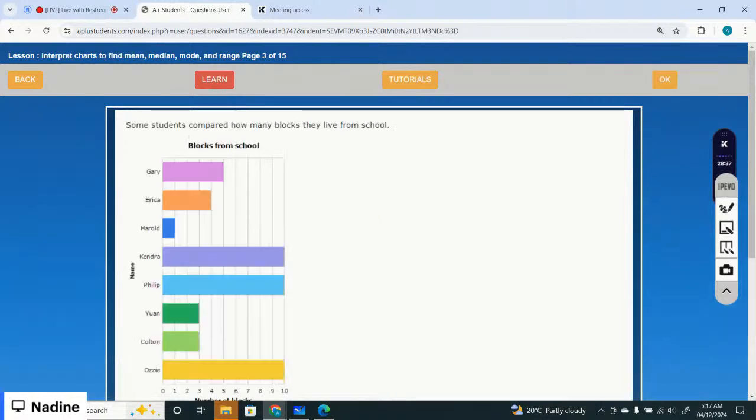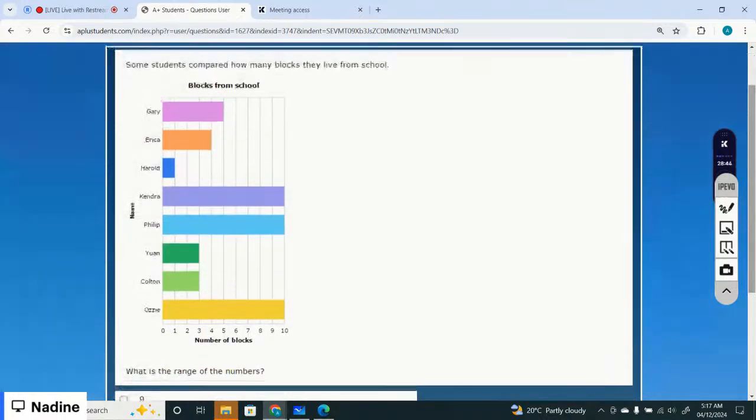Some students compared how many blocks they live from school. What is the range of the numbers? So, which is the correct option?